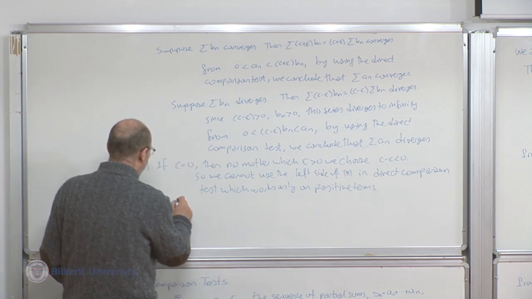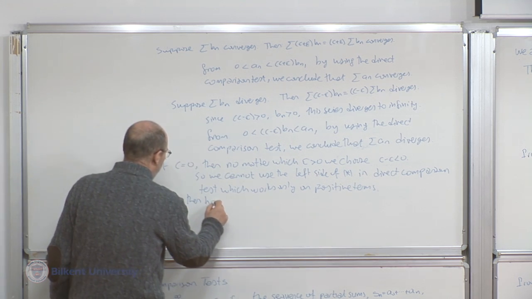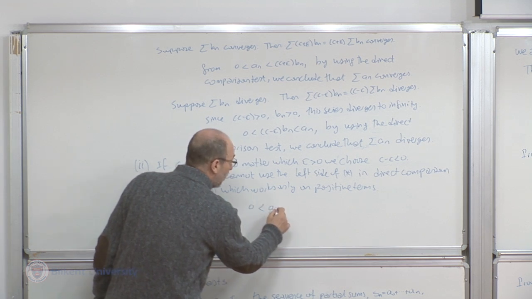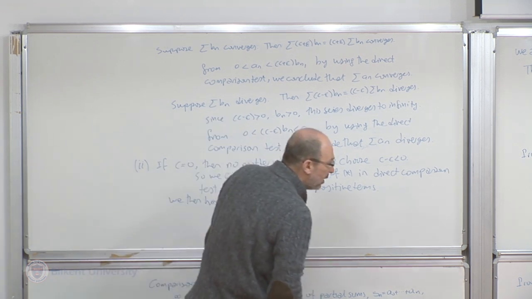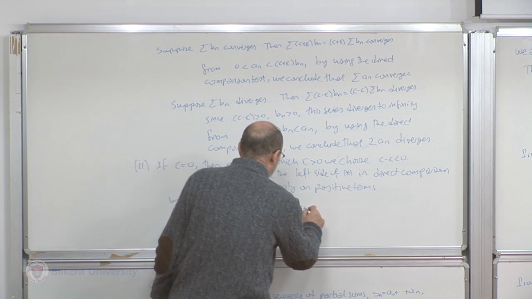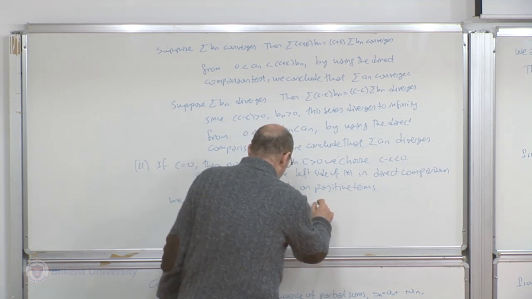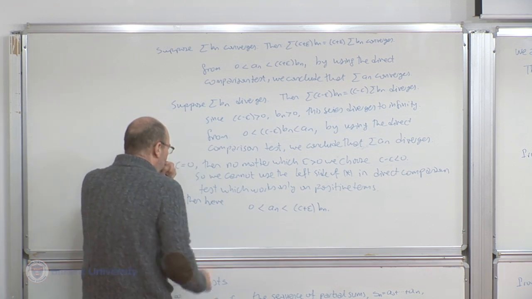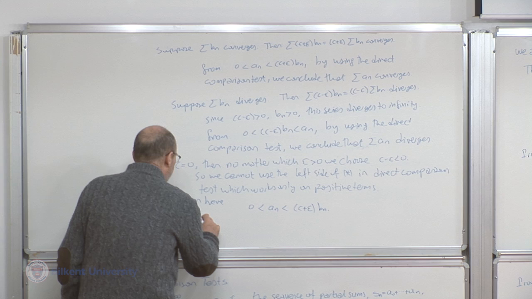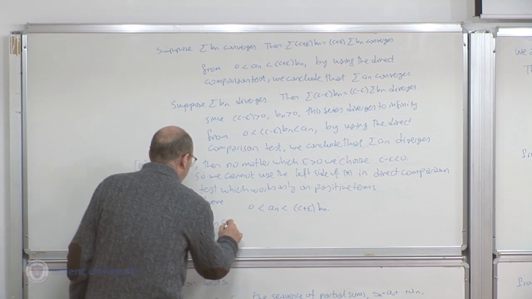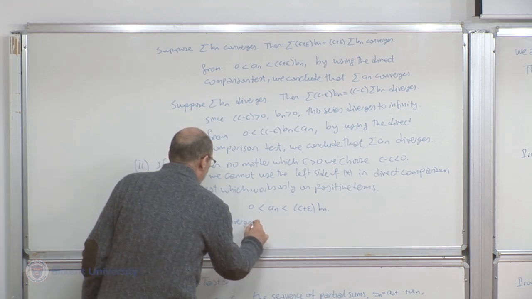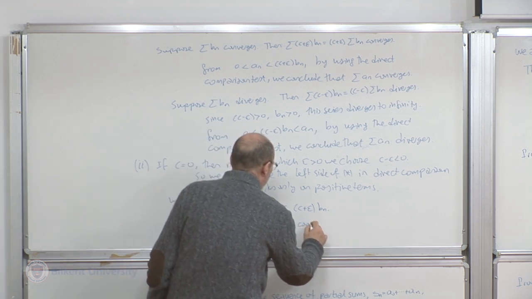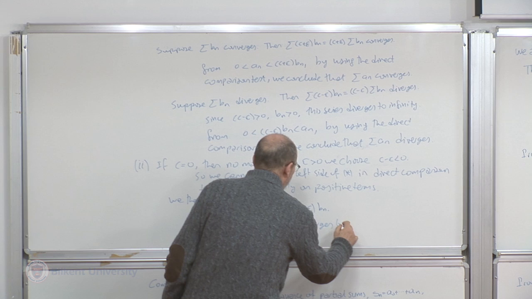Okay, so we then have 0 less than An, and that's less than C plus epsilon Bn. Okay? If summation Bn converges, then summation An converges by direct comparison test.